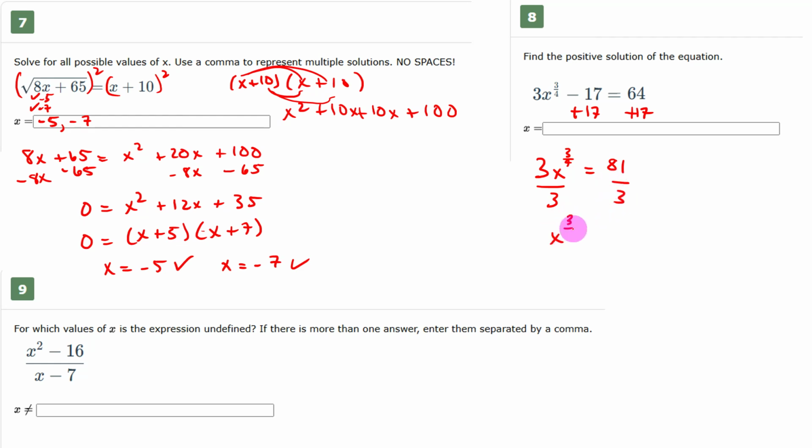X to the 3 over 4 equals 27. And I'm going to raise each side to the 4 over 3. That'll get these to cancel out. You can throw 4 over 3 in your calculator, or the cube root of 27 is 3. Then raise that to the 4th power, and you're going to get x equals 81.